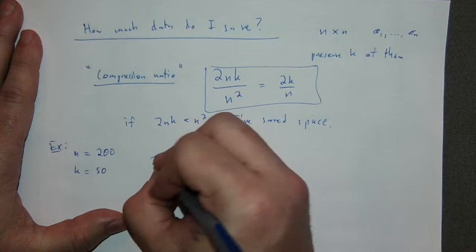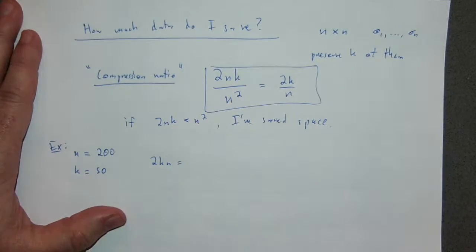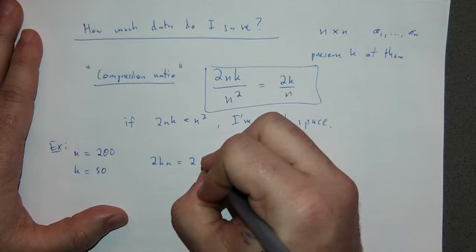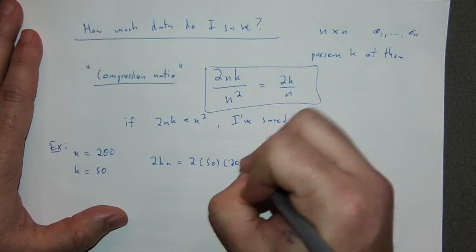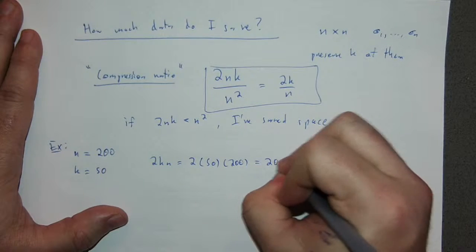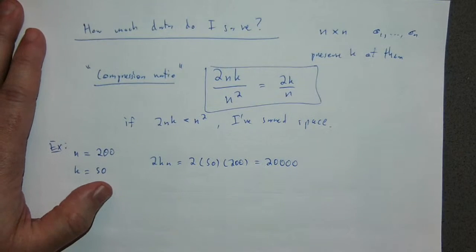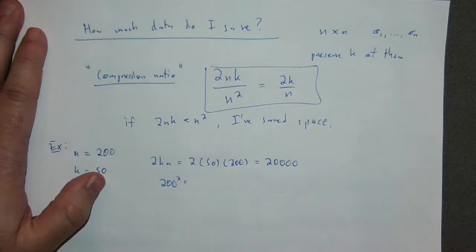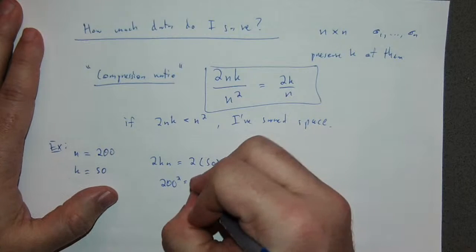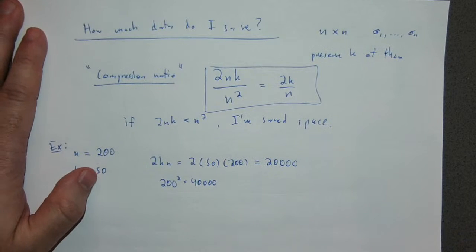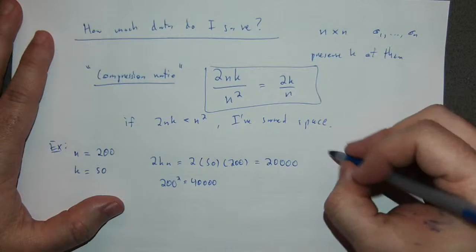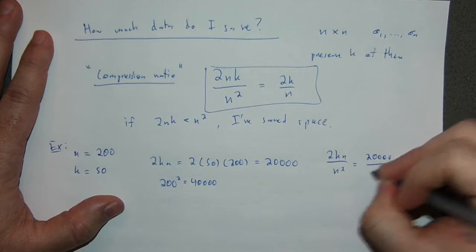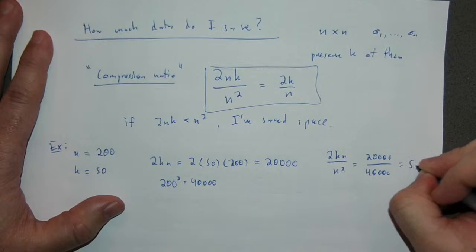So 2kn is 2 times 50 times 200, which is 20,000, and 200 squared is 40,000. So our compression ratio, 2kn over n squared, is 20,000 over 40,000, which is 50%.